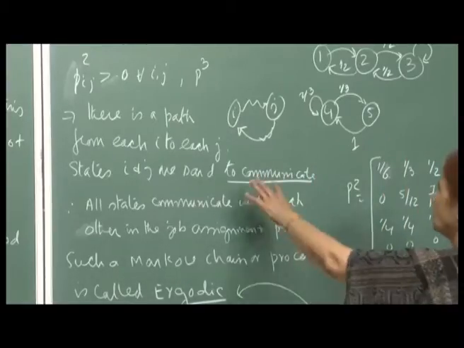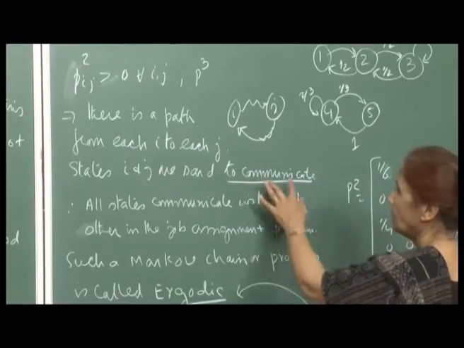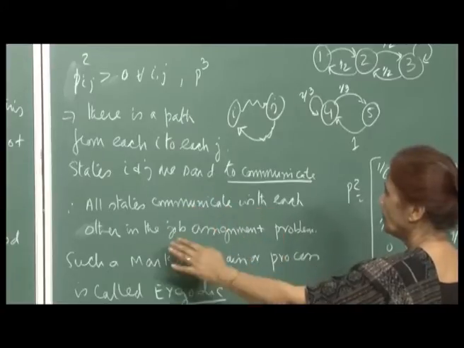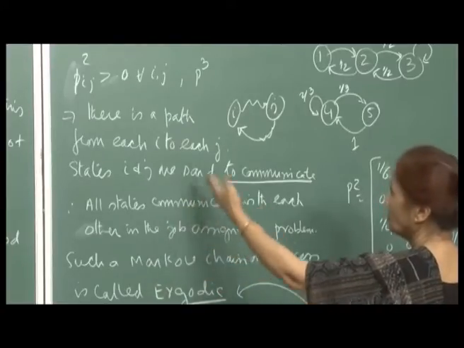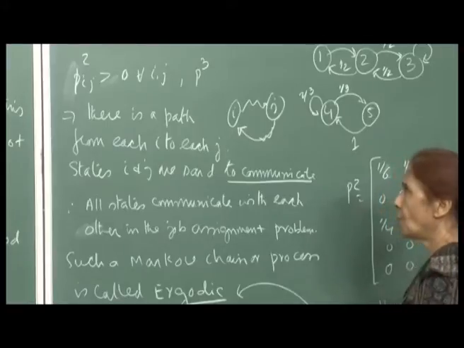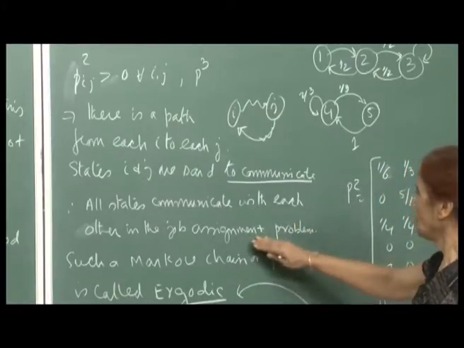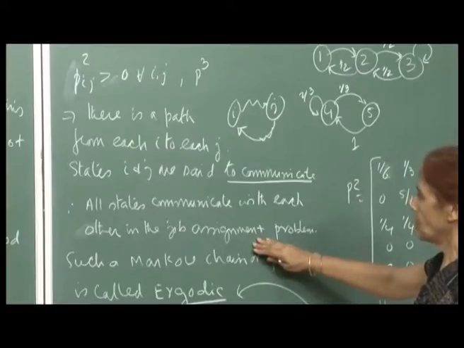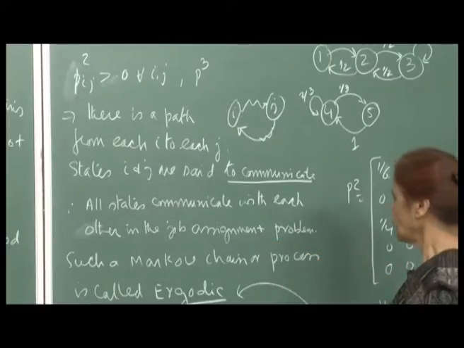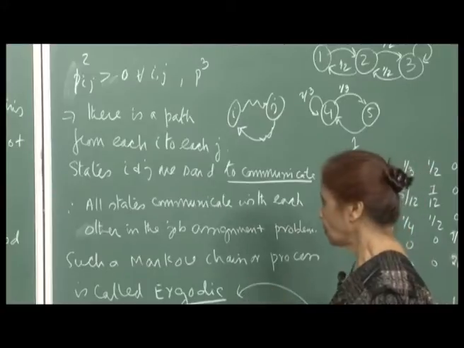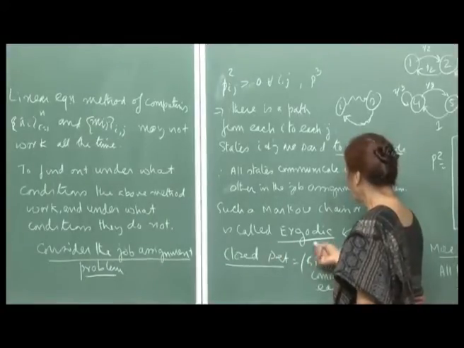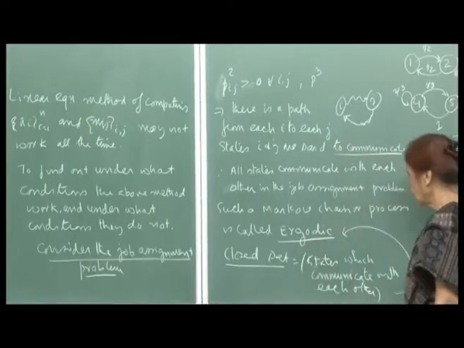So they are said to communicate, and if all states communicate with each other, and because Pij2 is positive for all i, j, we conclude that all states for the job assignment problem communicate with each other. Such a Markov chain or process is called ergodic, and we will talk about this some more.